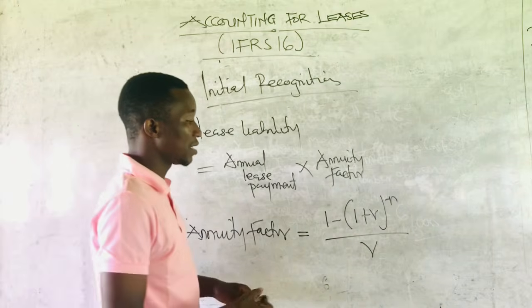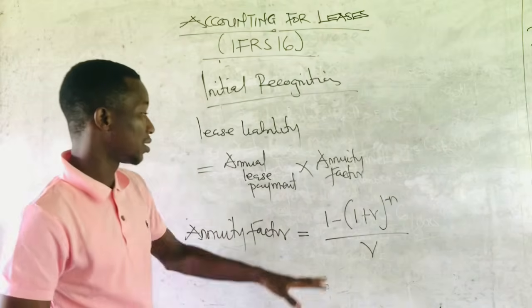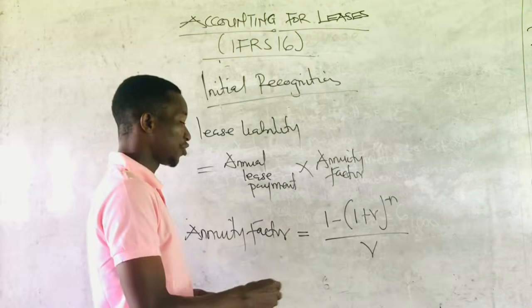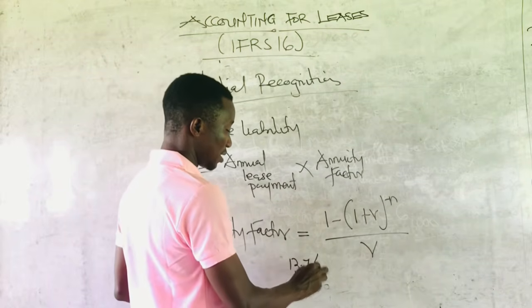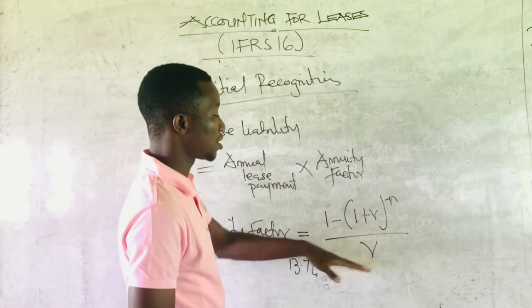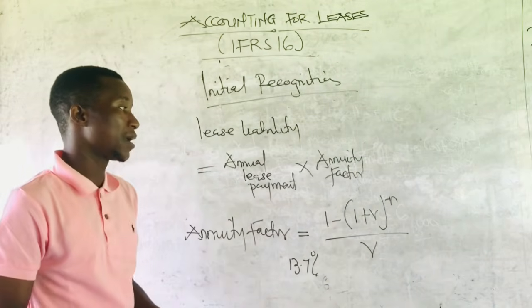Okay, and this R in the formula is the interest rate implicit in the lease. So if the interest rate implicit in the lease is maybe 13.7%, it means that this 13.7% will be substituted into the formula where there is R. Is that clear?